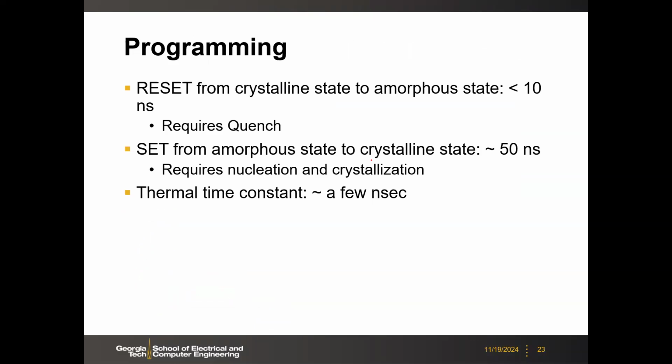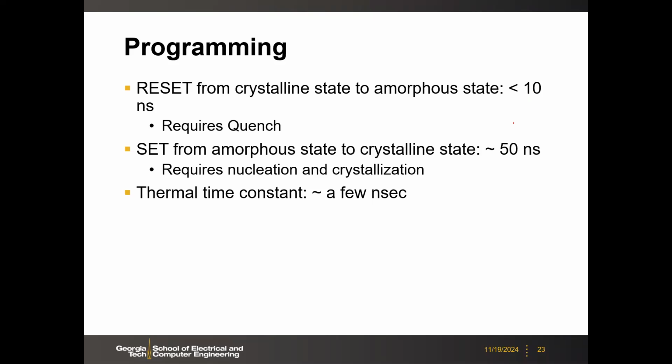So here the timing is important. So as I said, this quench process, you need to remove the current very fast. So typically less than 10 nanoseconds, you can do this reset from the crystalline to the amorphous state. And then the set, you need to give a longer time for this to recover. So this requires nucleation and recrystallization. So like 15 nanoseconds, typical timing.